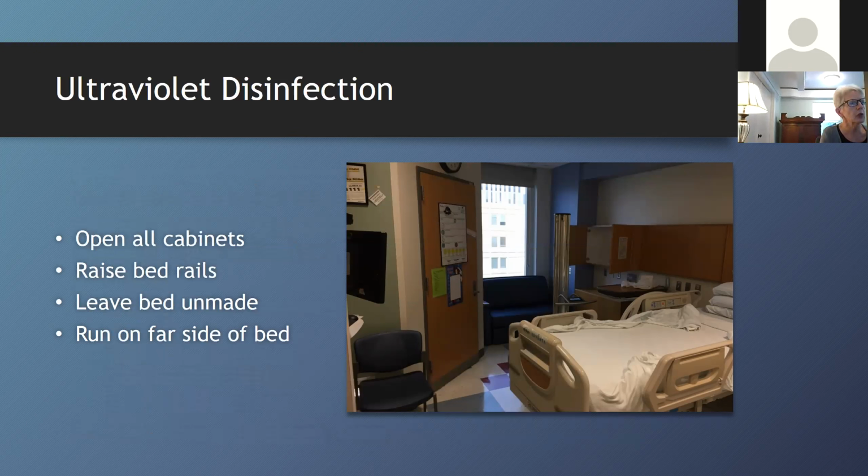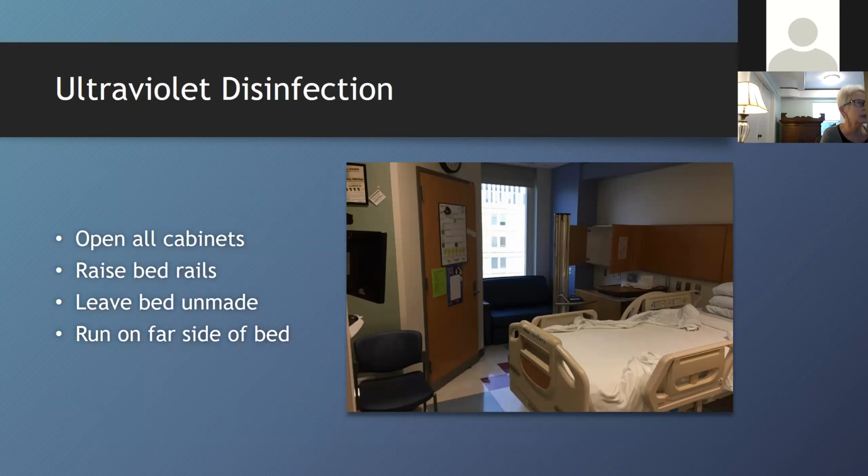As I mentioned earlier, the room should be terminally cleaned as it would if you were not using the UV technology, which poses a little bit of an operational issue because you have to strip the bed and clean it. Then the UV technology should be used prior to making the bed. So you just have to make sure that all those roles and responsibilities are clear and people understand how all of that works out.